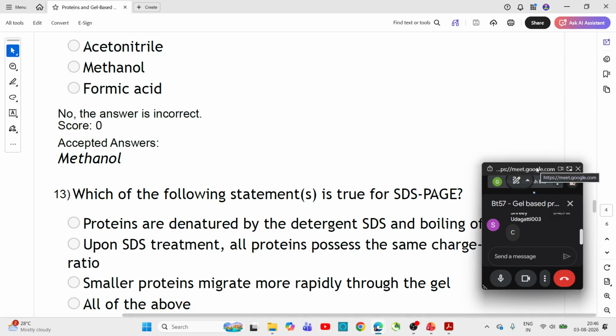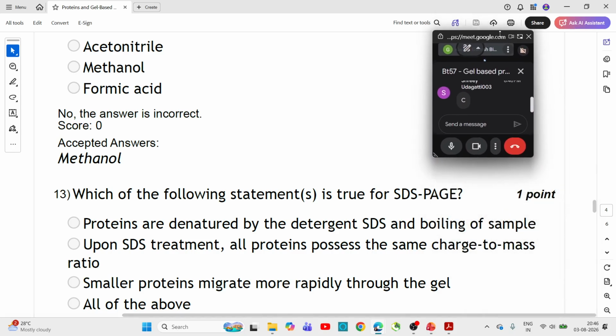Which of the following statement is true for SDS page? Proteins are denatured by detergent SDS and boiling of sample. Upon SDS treatment, all proteins possess the same charge to mass ratio. Smaller proteins migrate more rapidly through the gel, or all of the above.